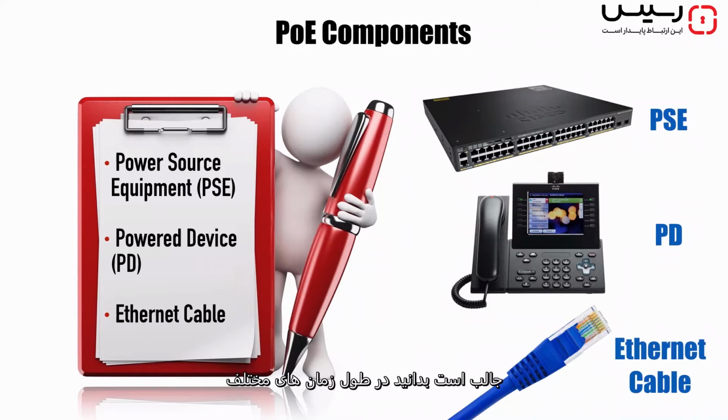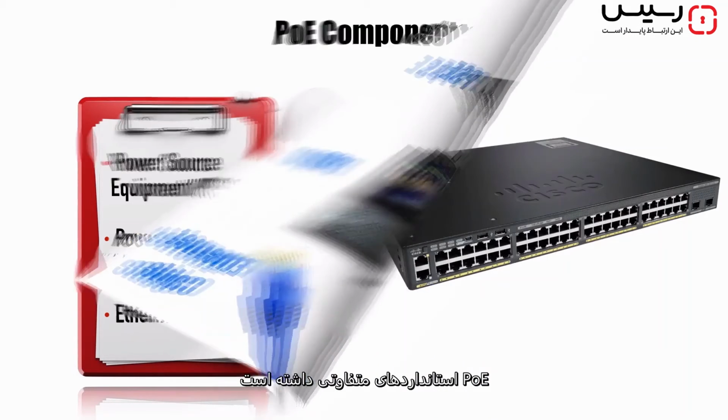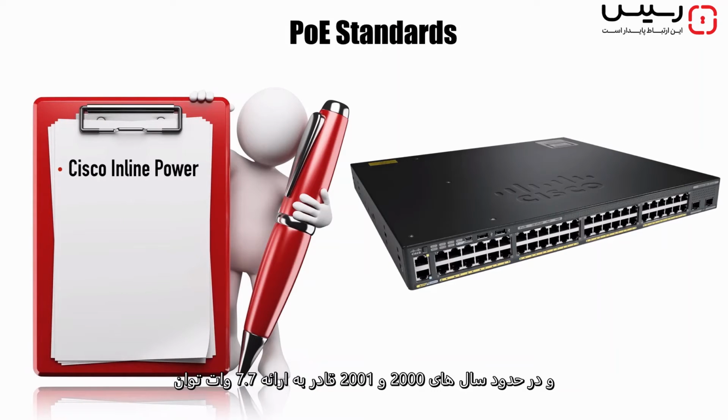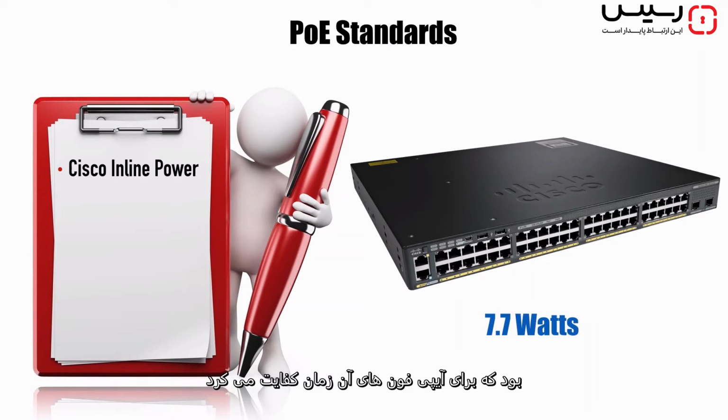And over the years, there have been different Power over Ethernet standards. I remember when I first worked with Power over Ethernet, it was using Cisco's proprietary Cisco Inline Power, it was called. That was back around the year 2000, 2001, and it provided 7.7 watts of power, which was plenty to support the Cisco IP phones that were available at that time.